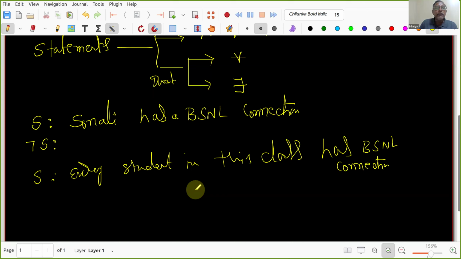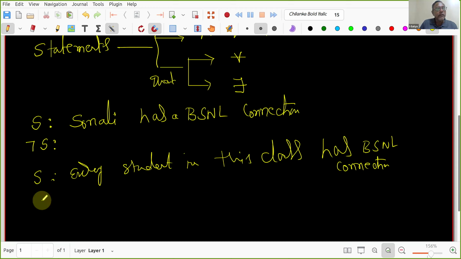I will ask each and every student. For example, I will ask you to tick: do you have a BSNL connection or not? If all of you ticked yes, then only it is true. If at least one person ticked no, then the statement is false. This is true only when each and every student has a BSNL connection. If at least one student does not have a BSNL connection, then this statement is not true.